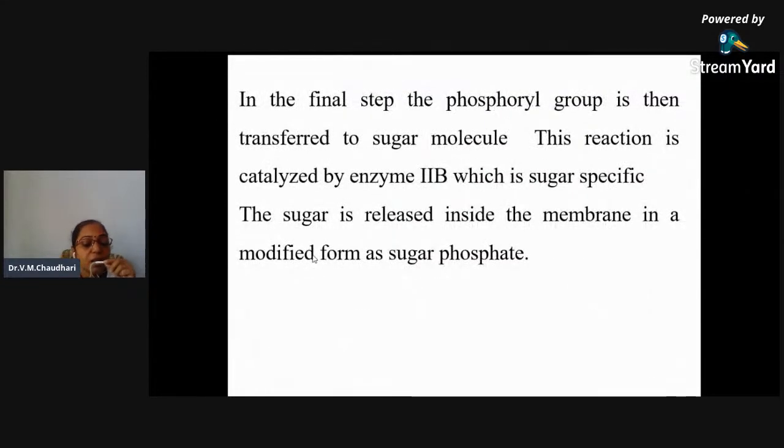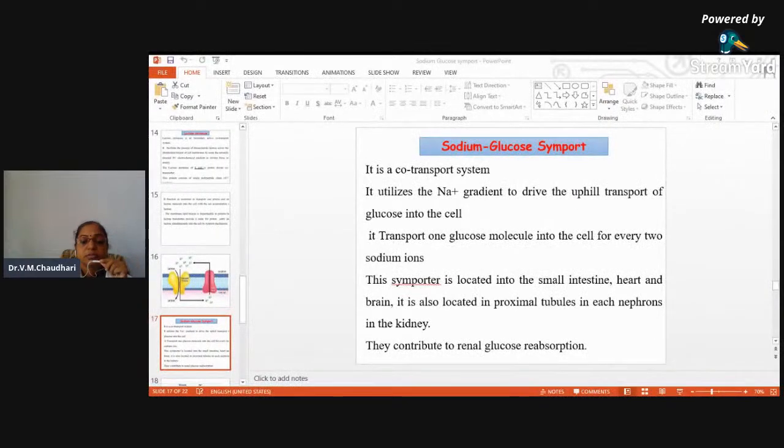Okay, do you get me? समजलं का ग्रुप ट्रान्सलोकेशन? Have you understood the mechanism of group translocation, Jayashri?